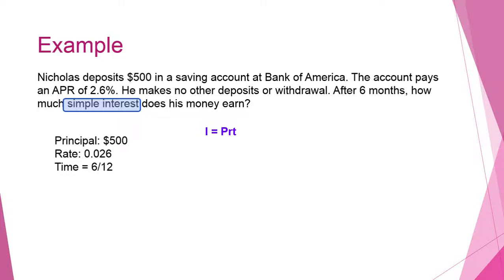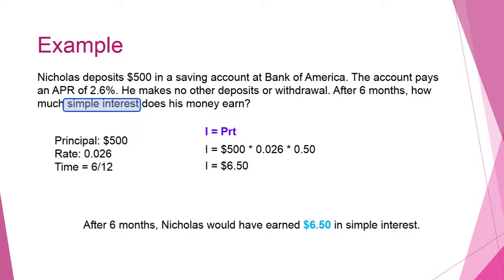If you write 0.5, that's even better. So now we plug in everything we know. All we have to do is multiply them all together, and we get an interest of $6.50. That means after 6 months, Nicholas would earn $6.50 in interest.